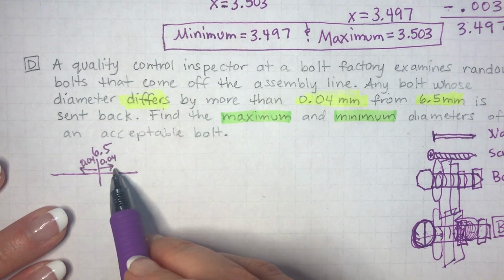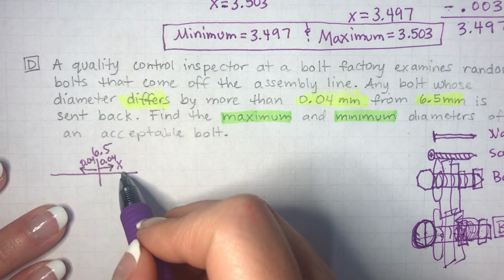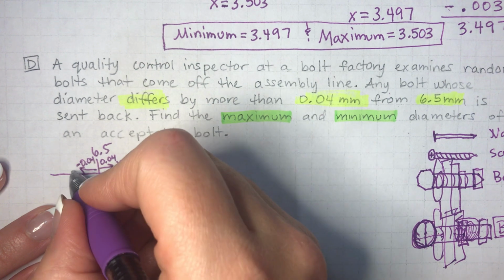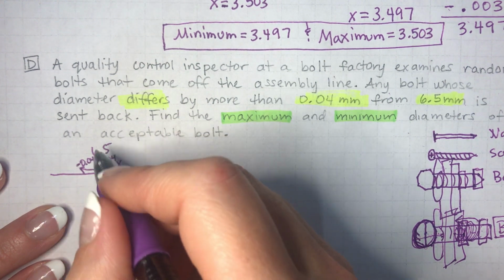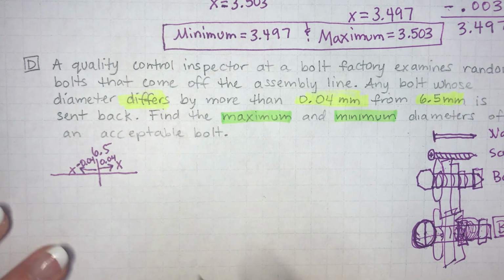It becomes this new value, which we don't know, which is x. Then it goes in the negative direction, which would make it the minimum, but we don't know what it is, so we're going to call that x.